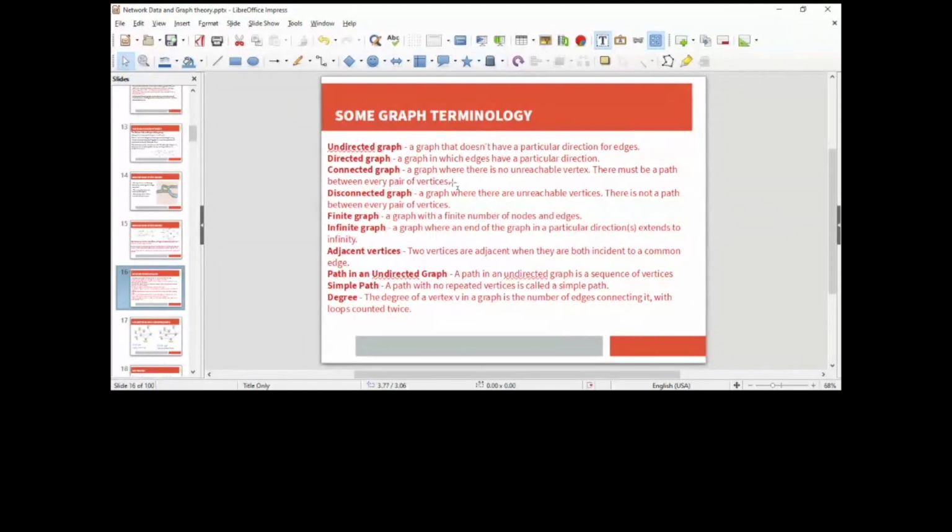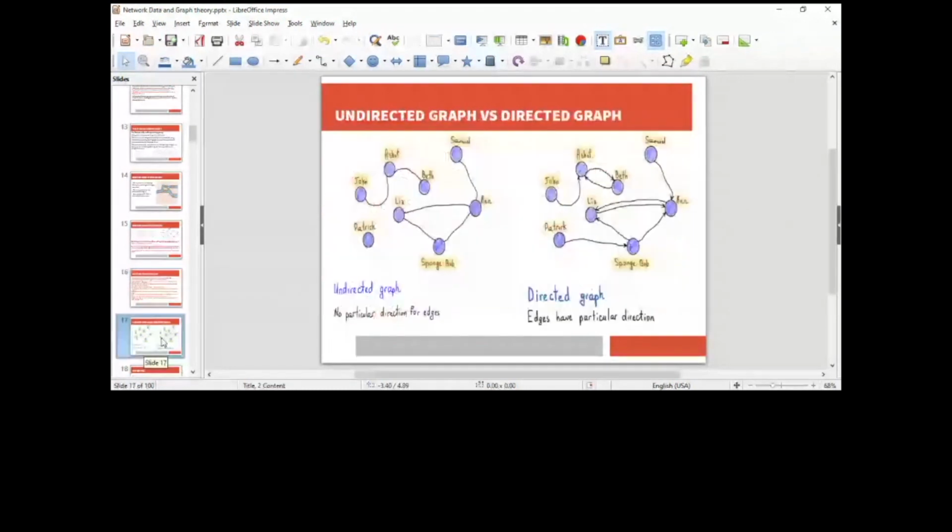Disconnected graph, a graph where there are unreachable vertices. Finite graph, and so on. I think we can go through all this. The presentation will be made available. So again, undirected graph, you can see it here. And then you can see the directed graph. The directed one has arrows, it shows direction. This one doesn't. Okay.